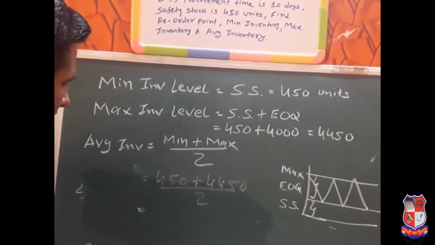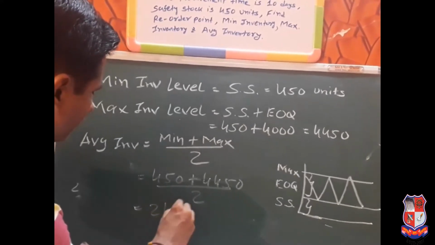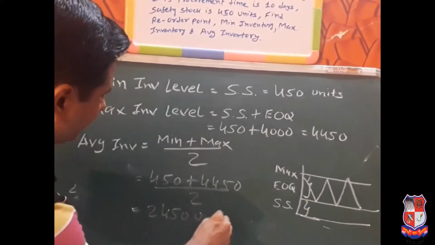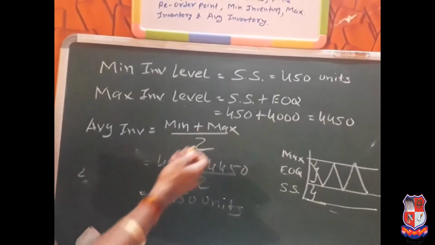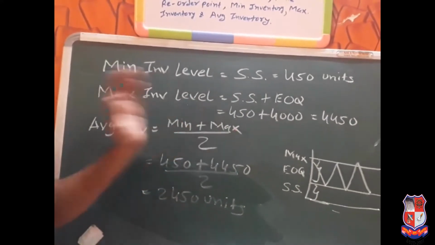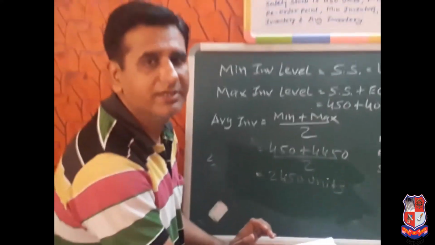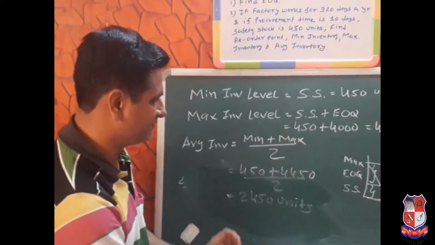You will get the answer 2450 units. So average inventory is the maximum plus minimum divided by 2. This is how you can calculate the EOQ examples.